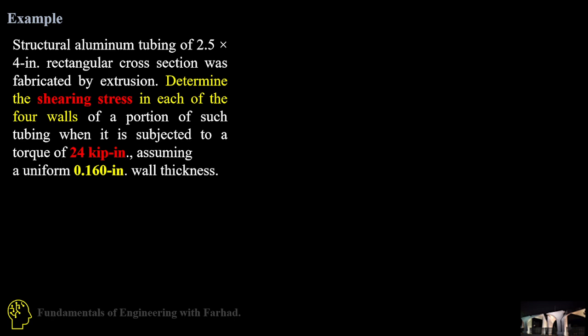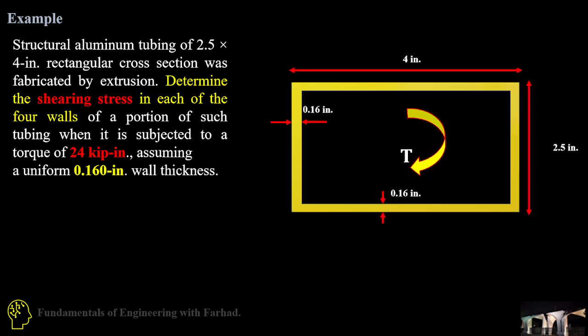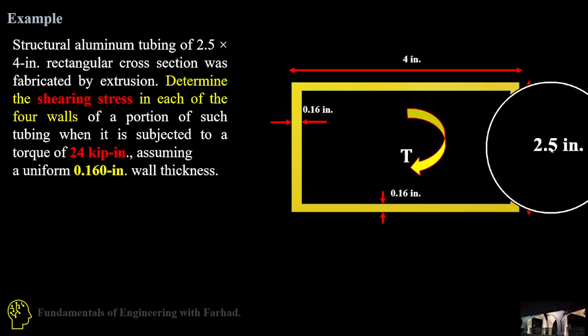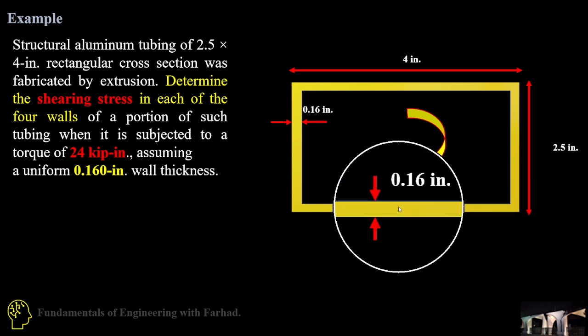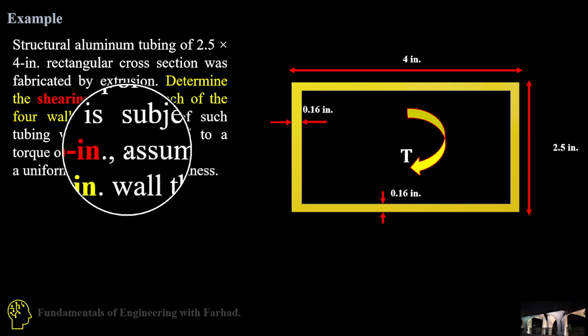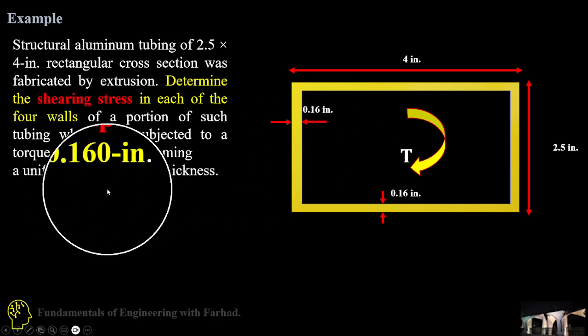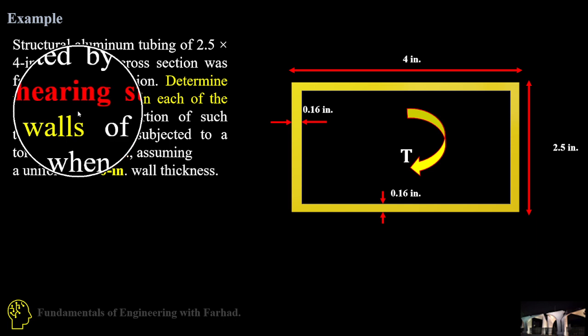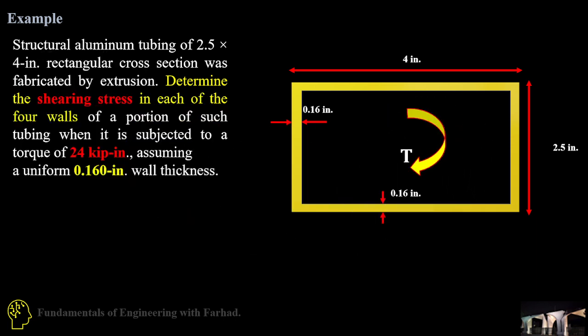In our example, we have a structural aluminum tubing of rectangular shape, 2.5 times 4 inches in dimension. So this is a length of 4 inches and a width of 2.5 inches with a thickness of 0.16 inches, handling a torsional torque of 24 kip-inch. The wall thickness all around is 0.16, and we want to know what shearing stress is induced due to this torsional torque.